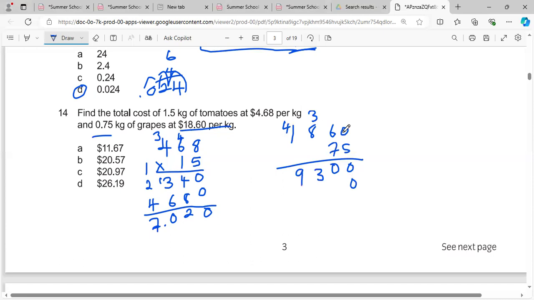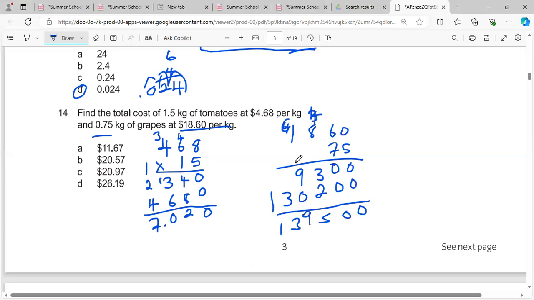We put the 0. 7 times 0, 0. 7 times 6, 42. 7 times 8, 56, plus that 60. 7 times 1 is 7, and that 13. We have to add now, so we have 0, 0, 5, 9, 3, 1.